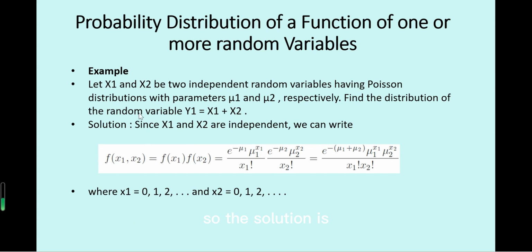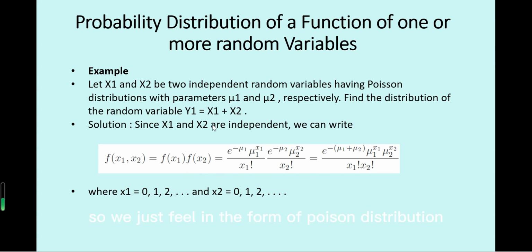The solution is, because x1 and x2 are independent, the joint probability distribution for x1, x2 is the product of their own probability distributions. So f(x1, x2) equals f(x1) times f(x2).